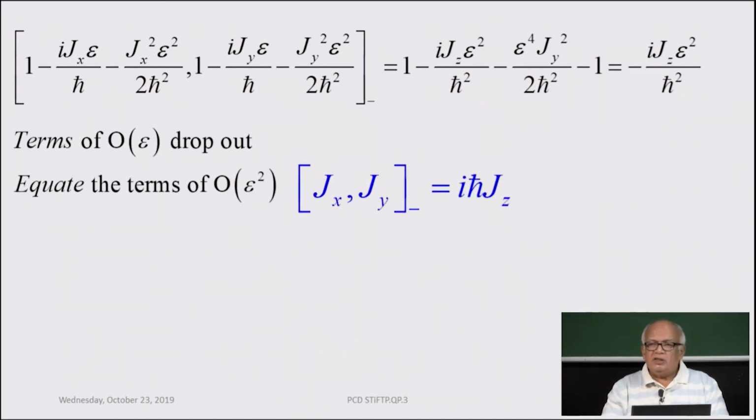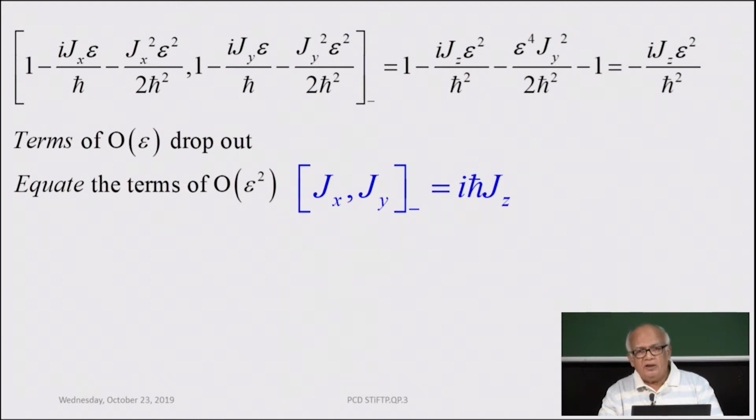Those terms which have epsilon itself drop out because of this cancellation, and what you are left with is terms up to the order epsilon square. You equate the corresponding coefficients of terms of order epsilon square on the left hand side with the right hand side, and what you get is a very powerful relation: the generators of rotations about orthogonal axes, the angular momentum components along orthogonal axes, do not commute.